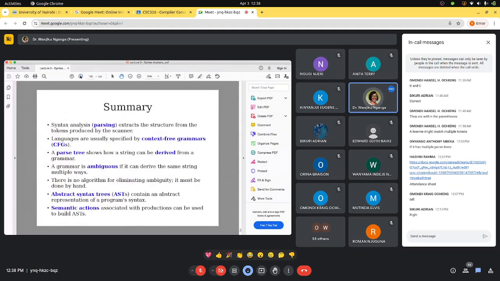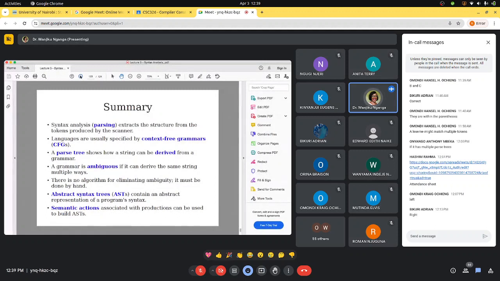So in summary, today we've talked about syntax analysis, what it is, what the goal is, and you said there are two goals. One is to uncover the underlying structure as per the CFG for the token stream that comes from the lexer, and to generate syntax errors where we cannot come up with the structure from the CFG. And we have already intimated that there are many challenges that can complicate syntax analysis.